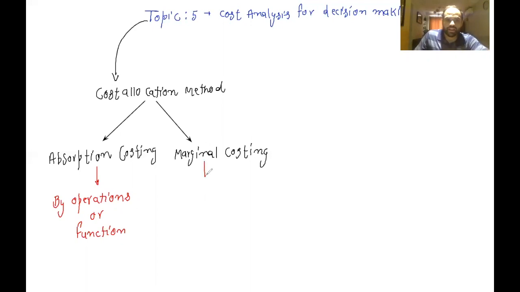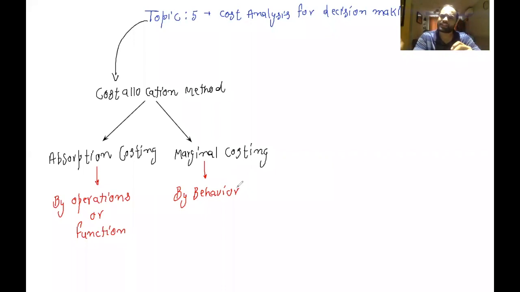The second type of cost we studied in topic 2 was by behavior, right? Under by behavior, we divided cost into four different parts: fixed cost, variable cost, semi-variable cost, and step cost. If you want to calculate the total cost, it is a combination of two types of cost: fixed cost and variable cost.